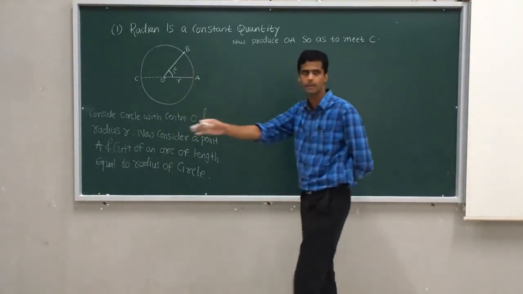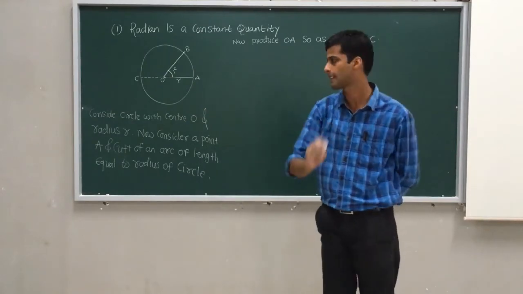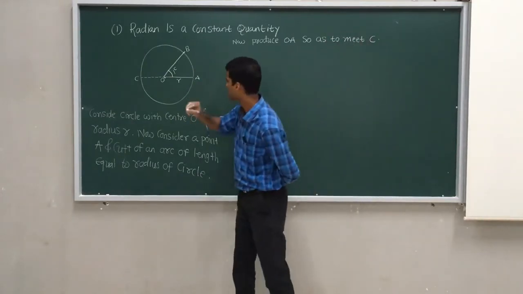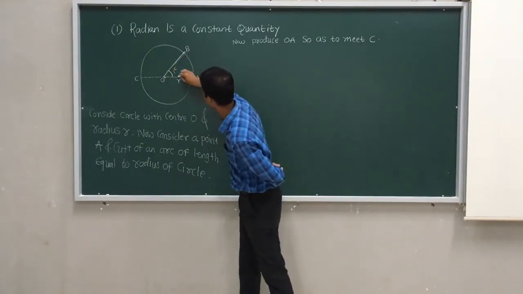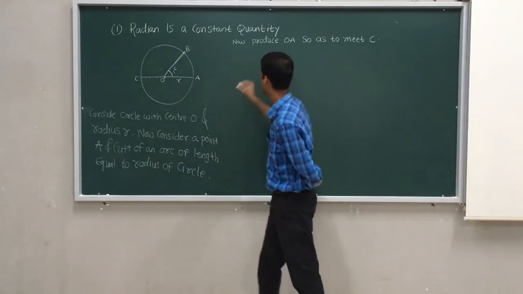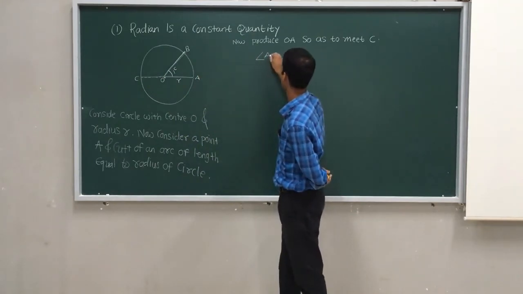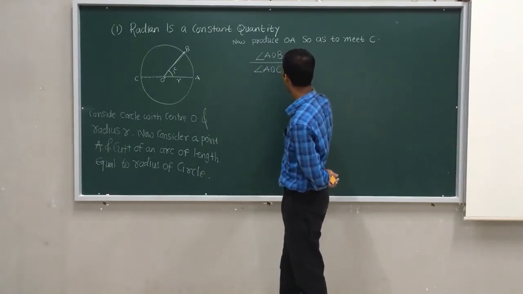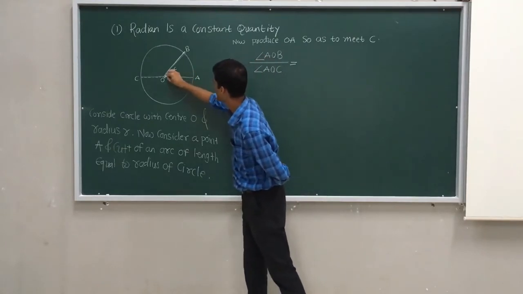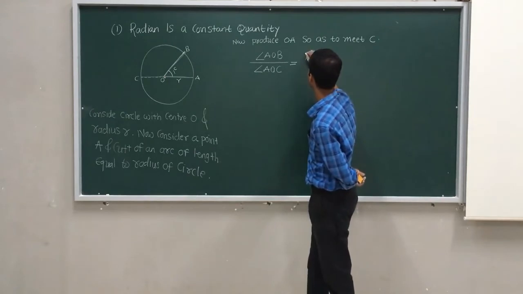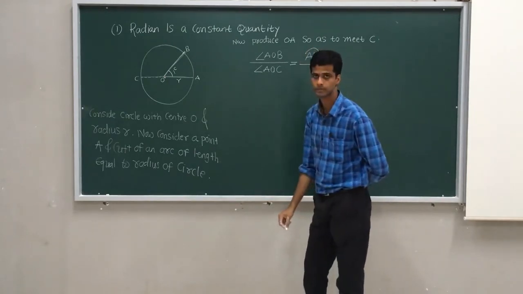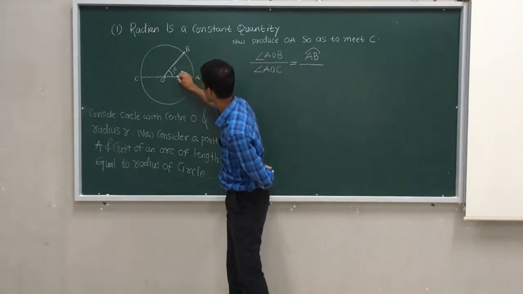You studied this in your lower class, might be in 9th or 8th standard. You got two angles now. One is angle AOB, another angle AOC. So write angle AOB divided by angle AOC is equal to the arc corresponding to angle AOB, that is AB, divided by the arc corresponding to angle AOC.